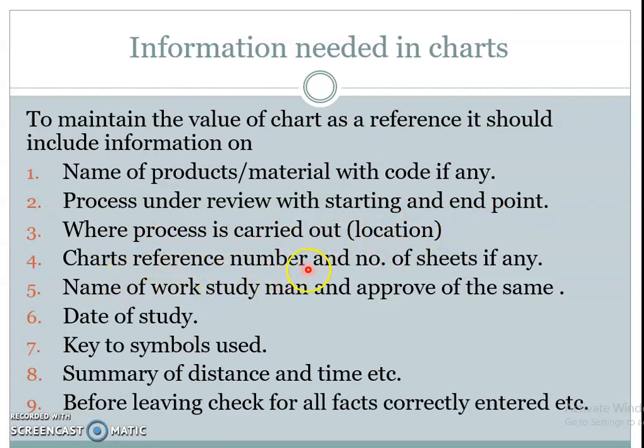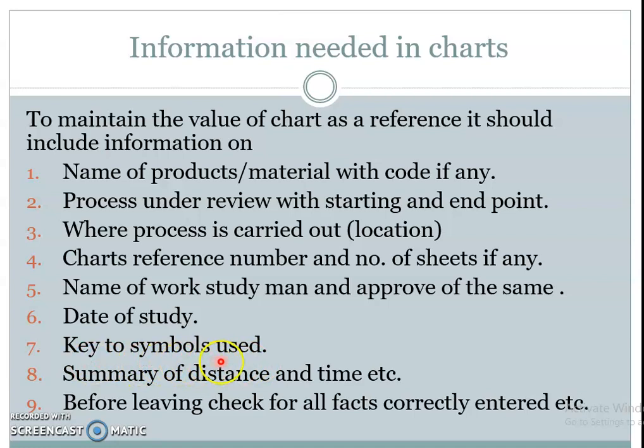Then we have to give the chart number, and if there are many sheets, the number of sheets. Then the name of the work study man and the approval. So we have to mention on the chart who has prepared this flow process chart or any chart. Then we have to mention the date on which this chart has been prepared. Key to symbols used.